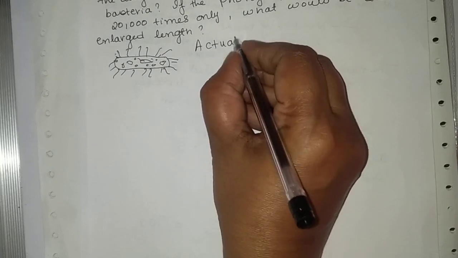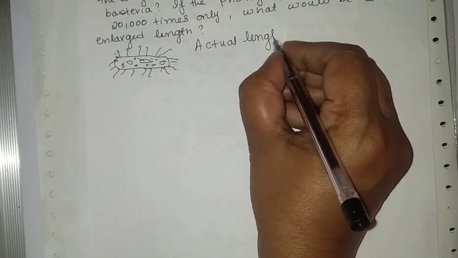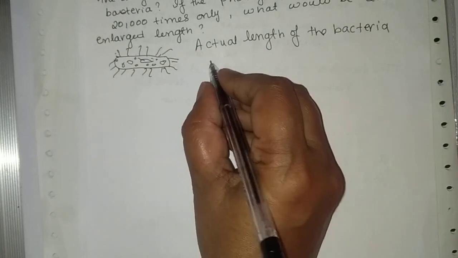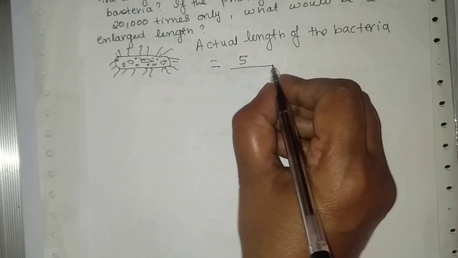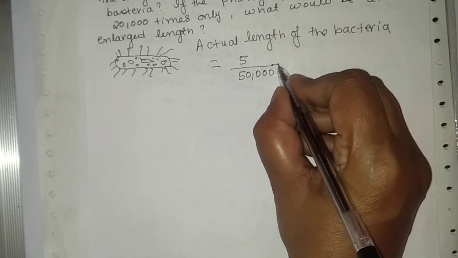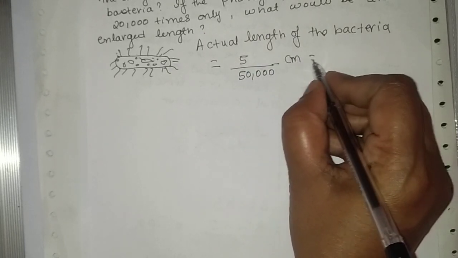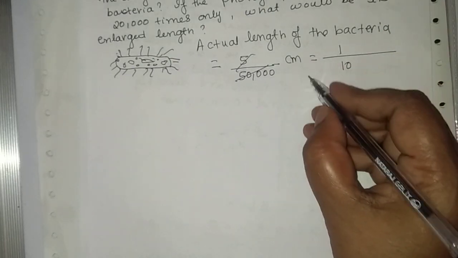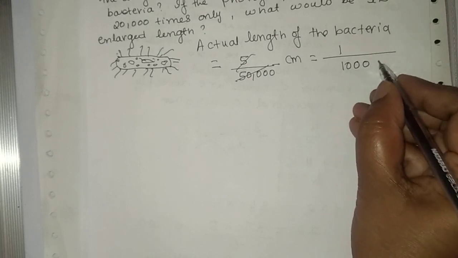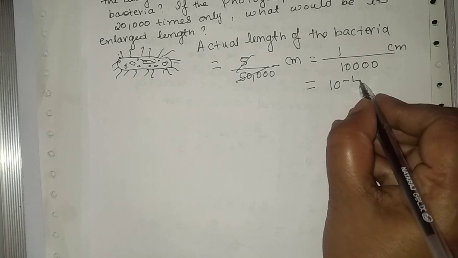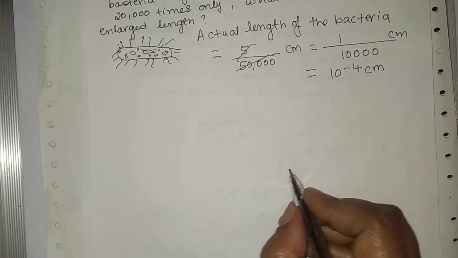First we take the actual length of the bacteria is equal to 5 by 50,000 centimeters, which is equal to 1 by this one. Simplified, this can be written as 10 to the power of minus 4 centimeters.